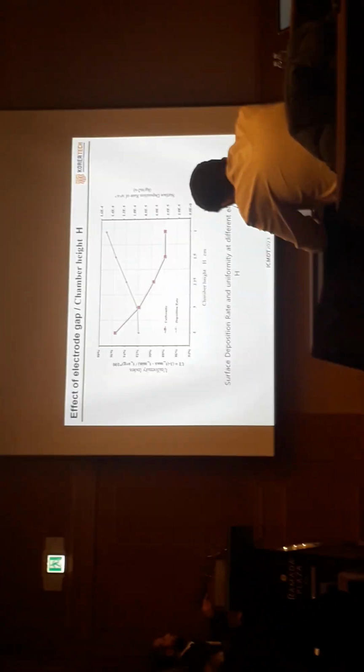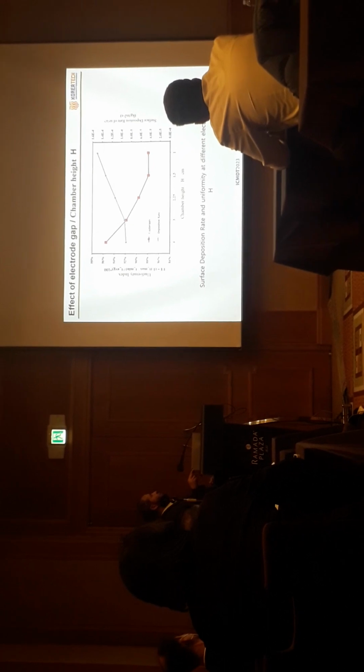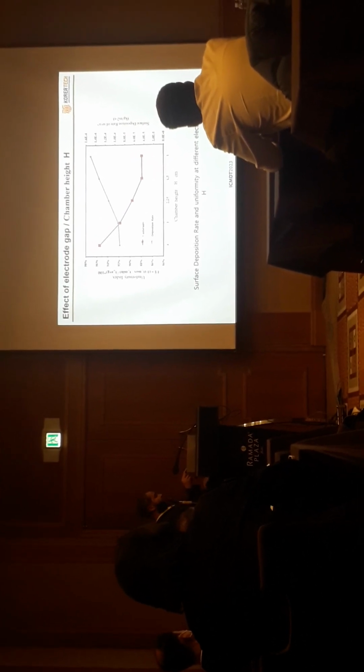But meanwhile, the uniformity, defined in this equation, decreases as the gap is increased. So we chose this as the best point for analysis, and this is why we chose 3 centimeters.